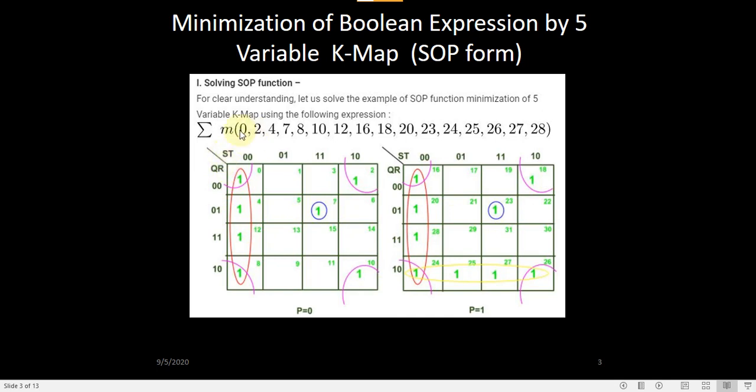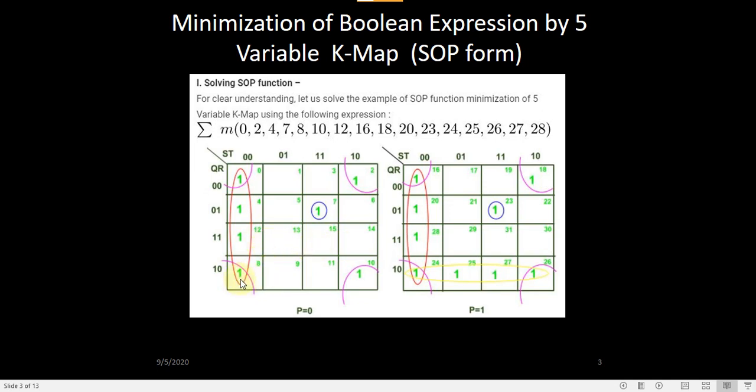Now once you have made the boxes like this, we put all the min terms. 0 is put here. For 0 you have put a 1 out here. Then 1 is left here, 2 is put here, then 3. Then you have 4 coming here, 5 is not there, 6 is not there, 7 is there, and 8 is there.